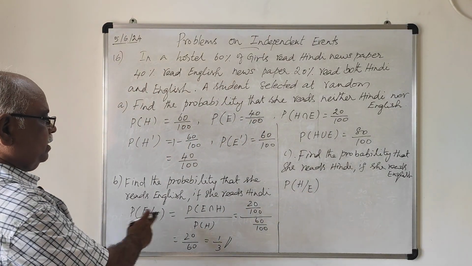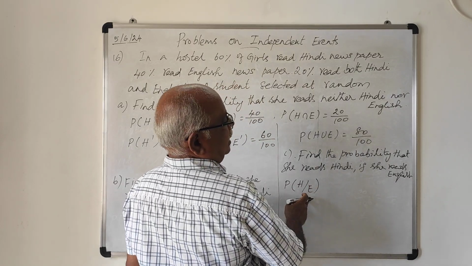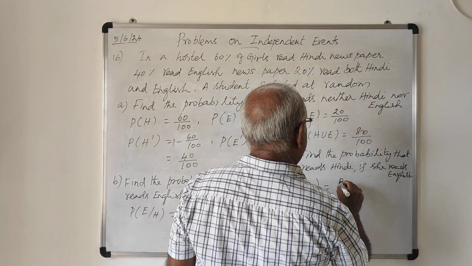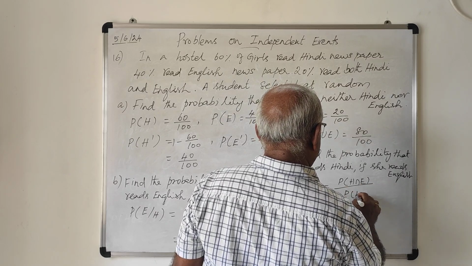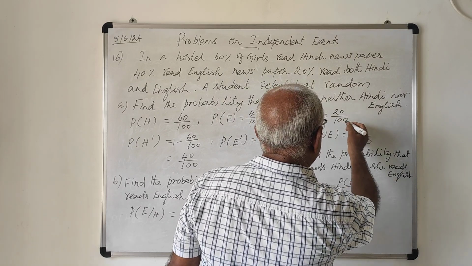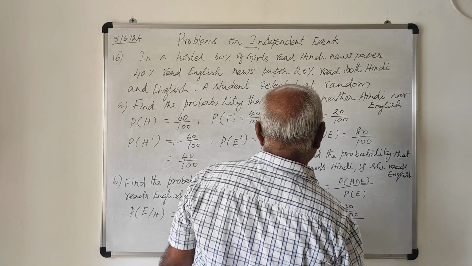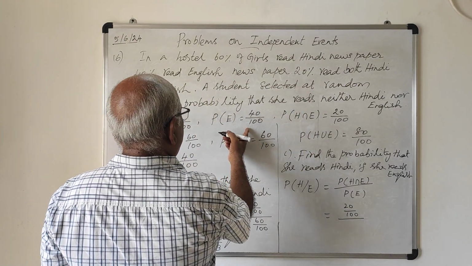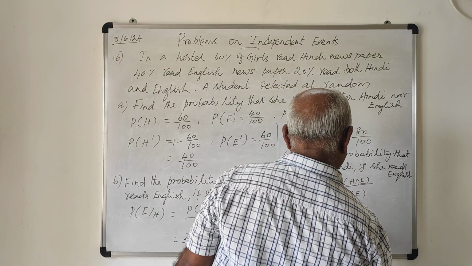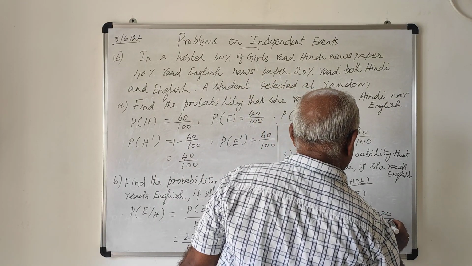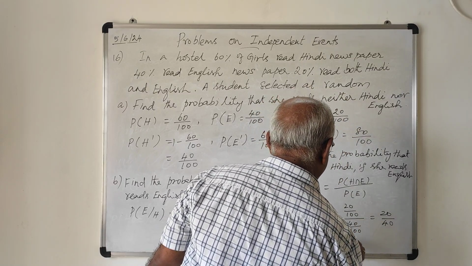That is P of H by E, which equals P of H intersection E by P of E. P of H intersection E is 20 by 100, and P of E is 40 by 100. That is equal to 20 by 40, which is equal to 1 by 2.